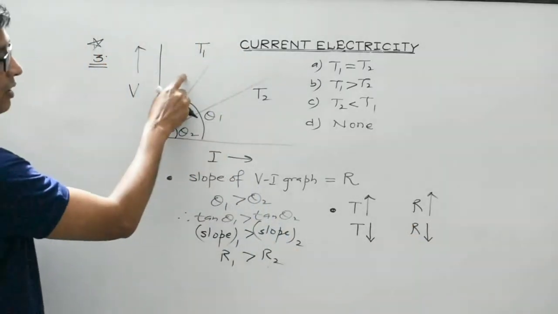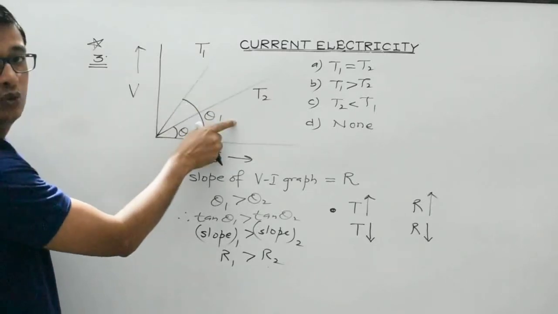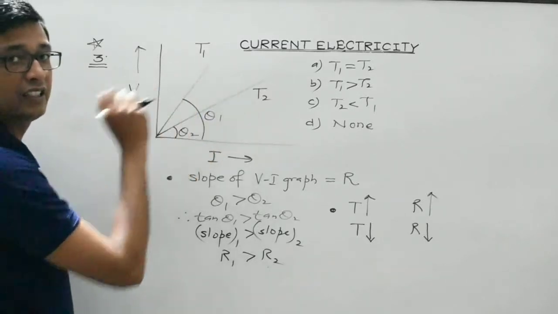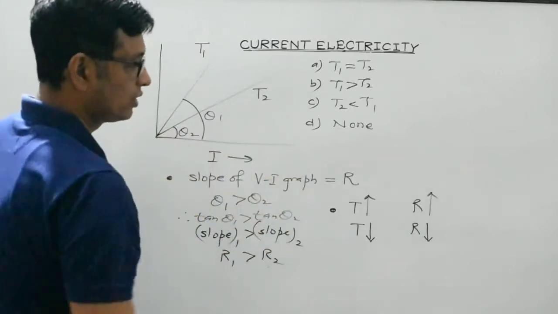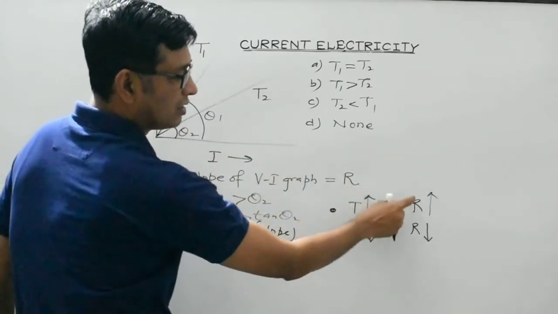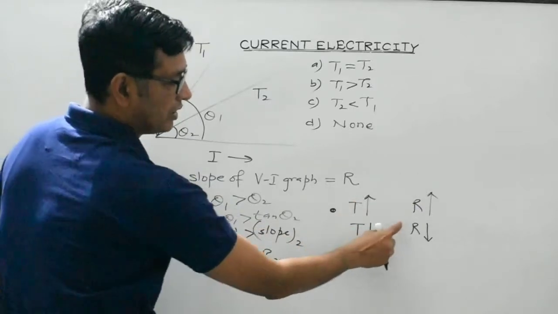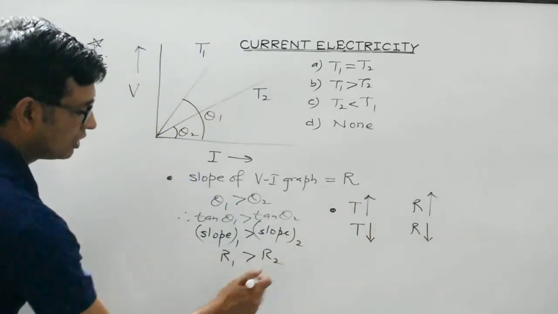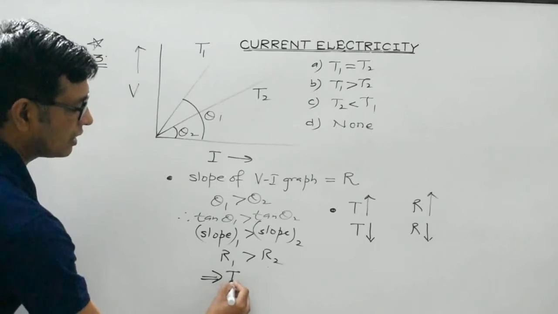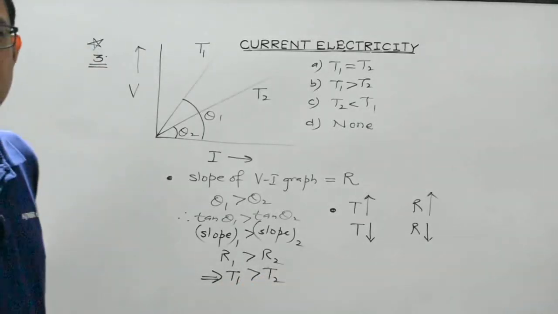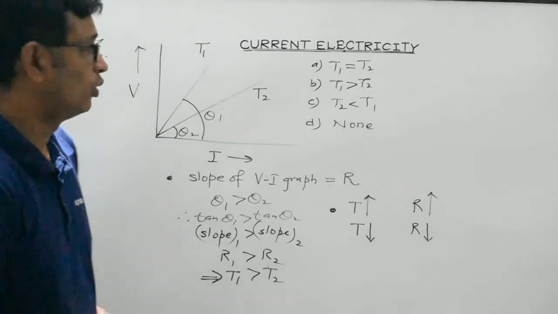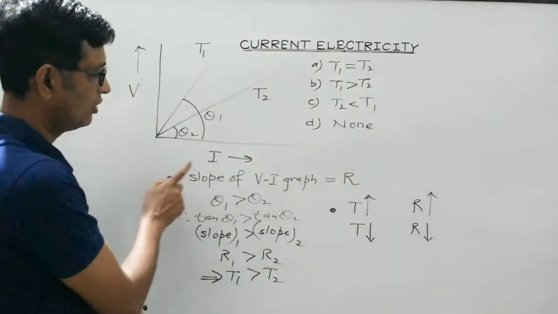So, R1 being greater than R2, T1 must be greater than T2, because at higher temperature the resistance will be higher. Therefore R1 greater than R2 implies that T1 is greater than T2. Clear, students?